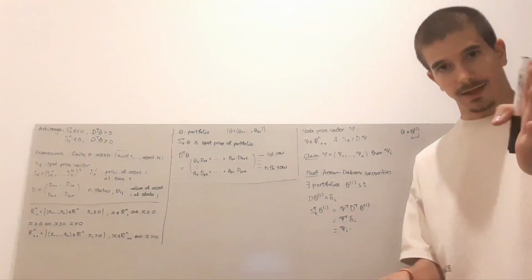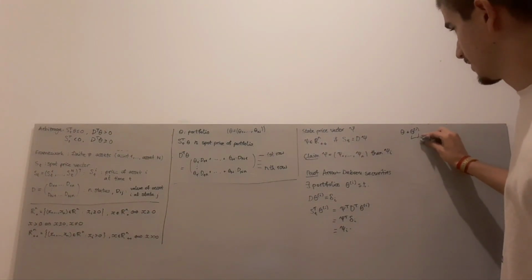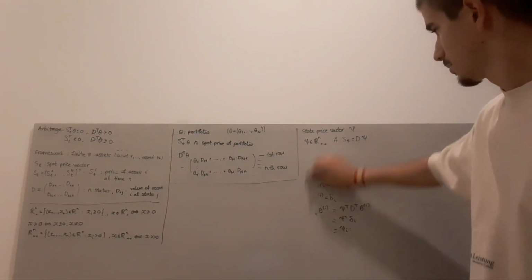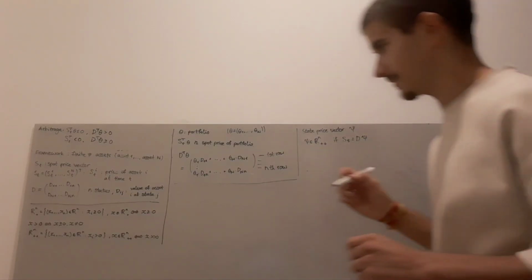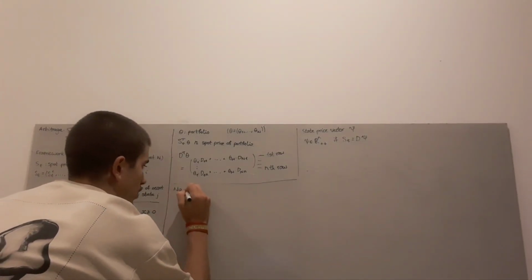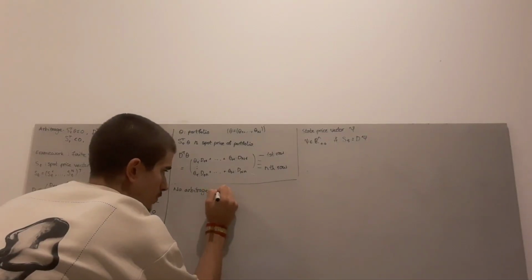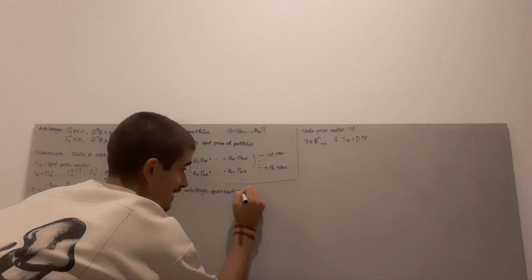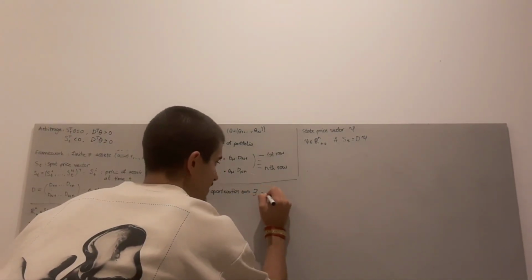And now we're going to get into, finally, the fundamental theorem of asset pricing. I'm going to delete this because we're not going to be using it, but I'm going to keep this thing here. Okay, finally, let's state the fundamental theorem of asset pricing. This is going to say that we have no arbitrage opportunities if and only if there exists a state price vector.